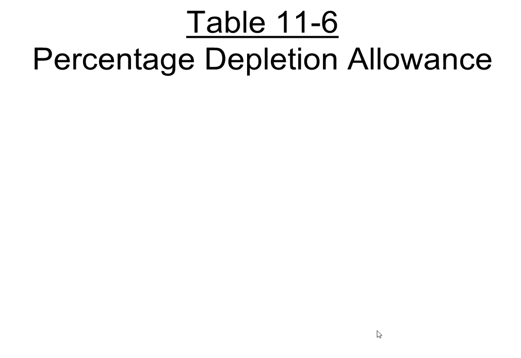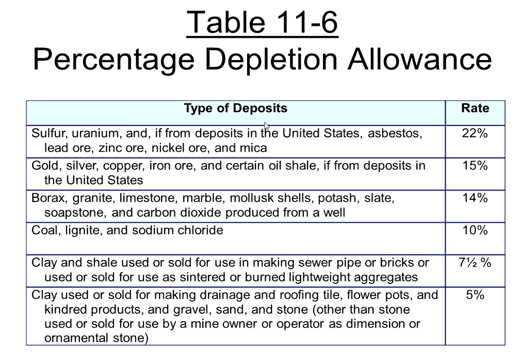Here is an example that shows a table which gives the percentage depletion allowances for different types of deposits. These are natural resources that are listed, sulfur or uranium, and so on. We have a rate of 22%. For gold, silver, copper, we have 15%.